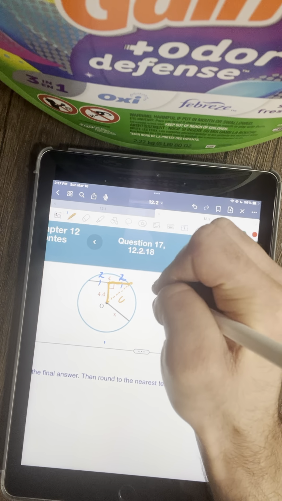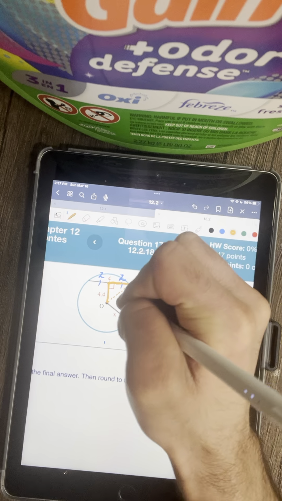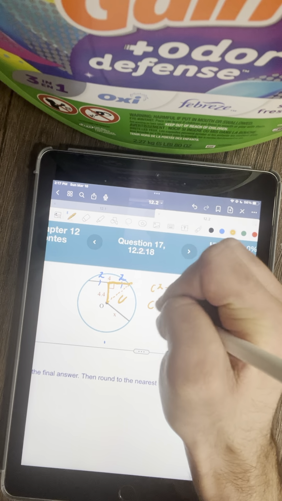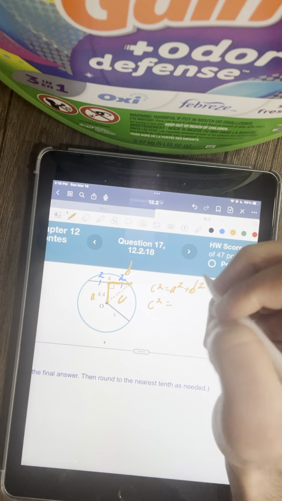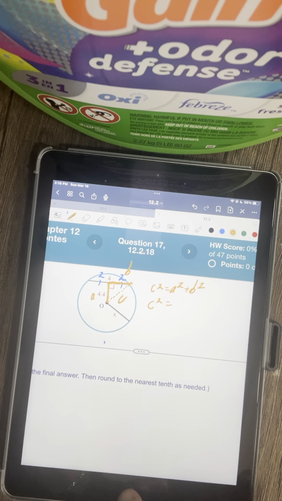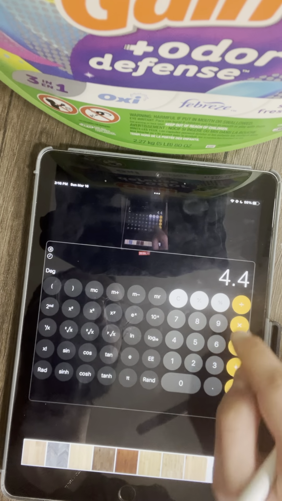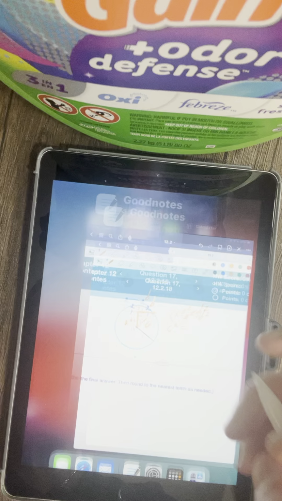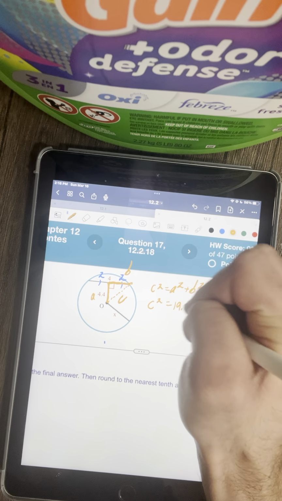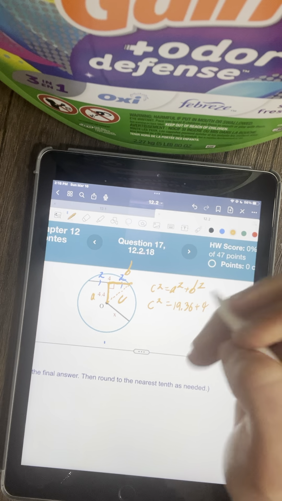So let's find that. Now let's do C squared equals A squared plus B squared. What's my C? This one. So I don't know it, so C squared. What's my A squared? Let's make A my 4.4 and 2 my B. So what is 4.4 times 4.4? 19.36. So this is 19.36 plus, what's 2 times 2? 4.